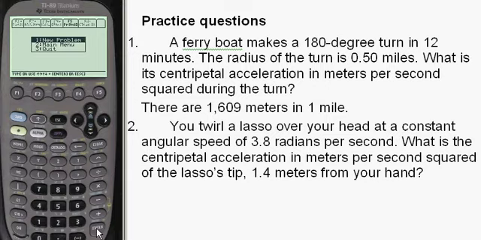Say it's okay, and so here's the answer. Different formula: omega squared times r. 20.216. I think this is omega. I'm pretty sure it is. If it's not, let me know about it and I'll change it. 20.216 meters per second squared. So you got those two problems correct.